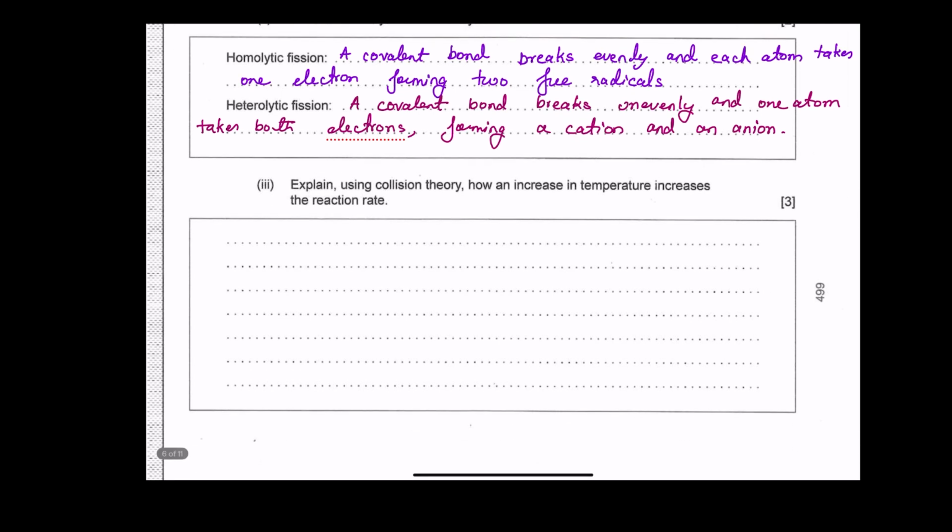Done. Next, using collision theory, we have to explain how an increase in temperature increases the reaction rate. Going point-wise, the first point is that when we increase temperature, the kinetic energy of the particles or gas particles will increase. There's more kinetic energy.